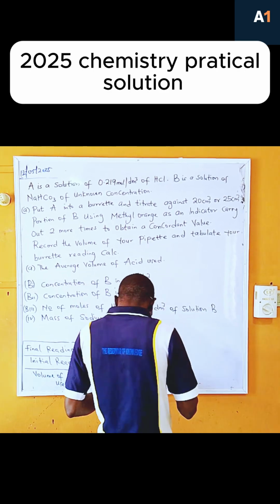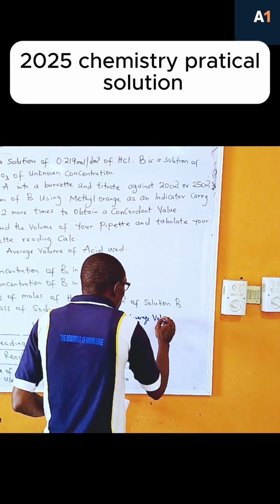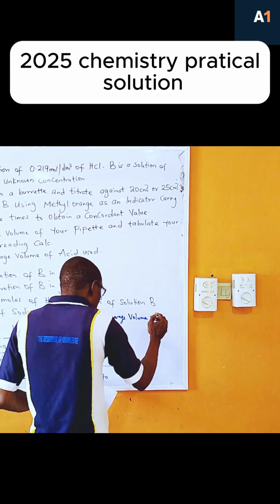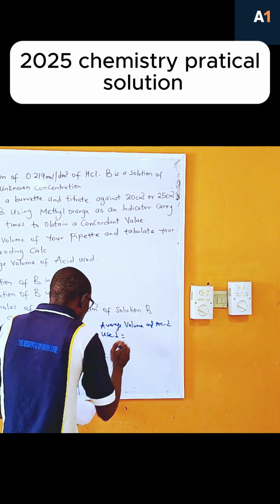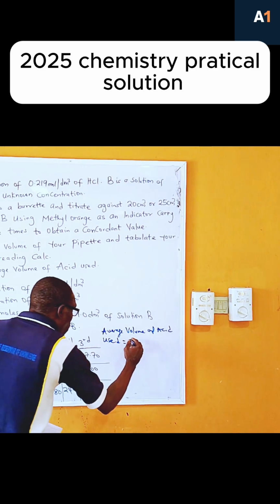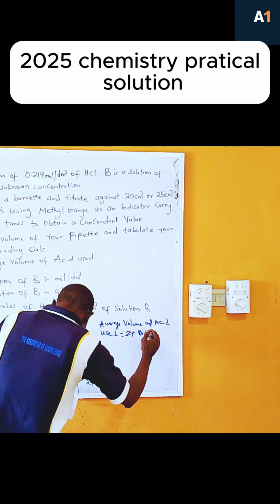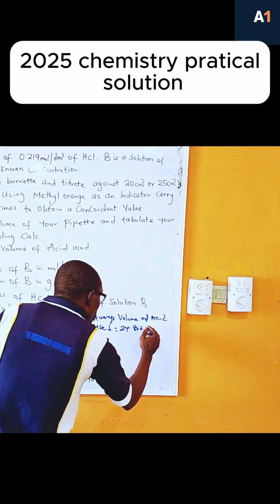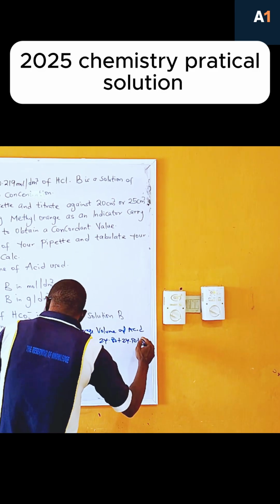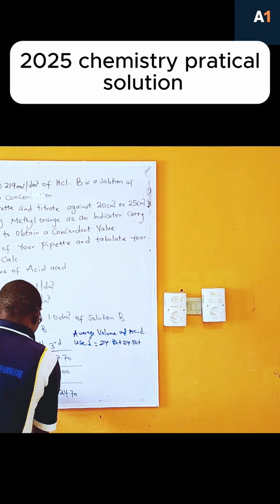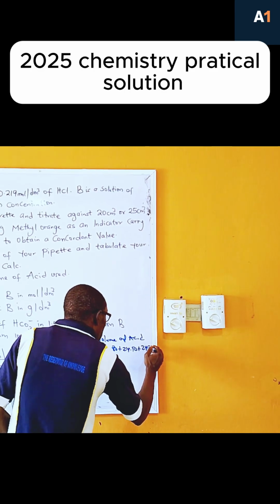So meaning that the average volume of acid used is equal to 24.80 plus 24.90 plus 24.70.